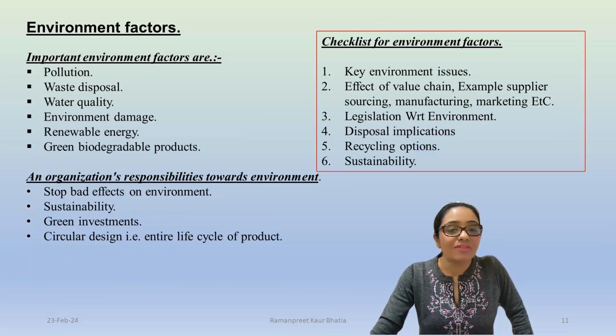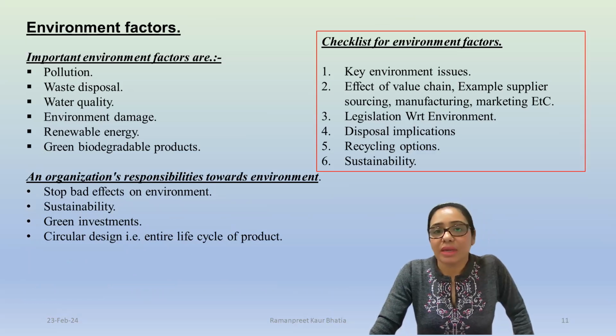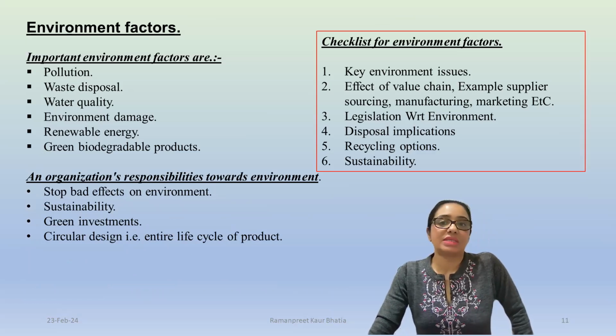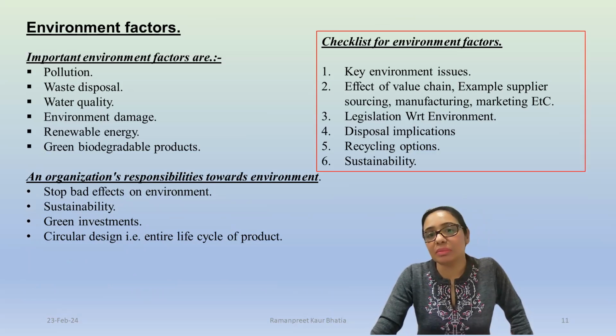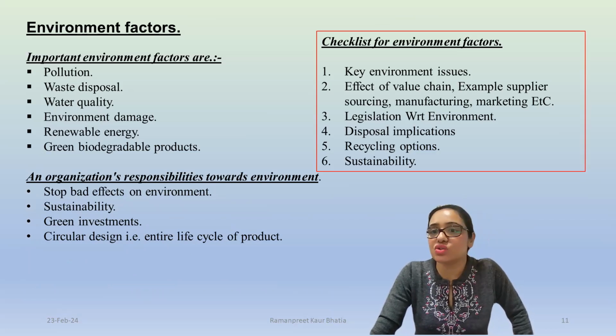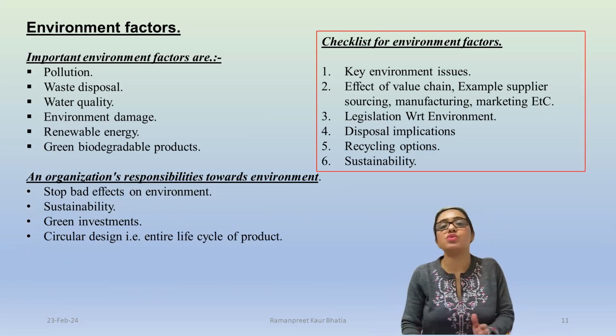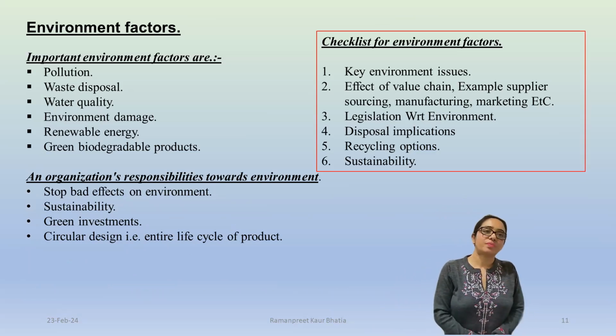The next we have environmental factors. An example of this, the external remote environment influence which is becoming very important these days, is government environmental legislation attempting to counter the effects of climate change.